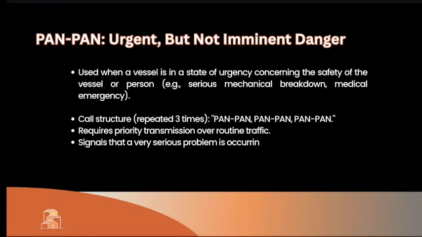It is used when the vessel is in a state of urgency concerning the safety of the vessel or a person. As I said earlier, it requires the word Pan-Pan repeated three times, and priority transmission over routine traffic. It signals that a very serious problem is occurring.